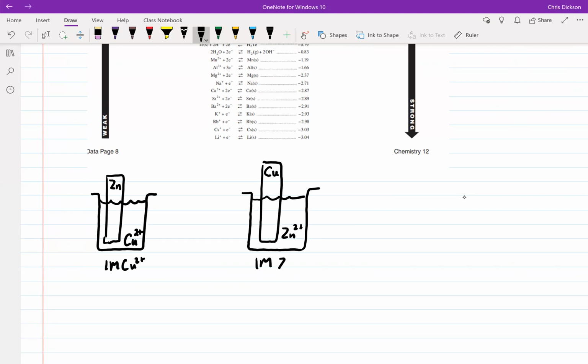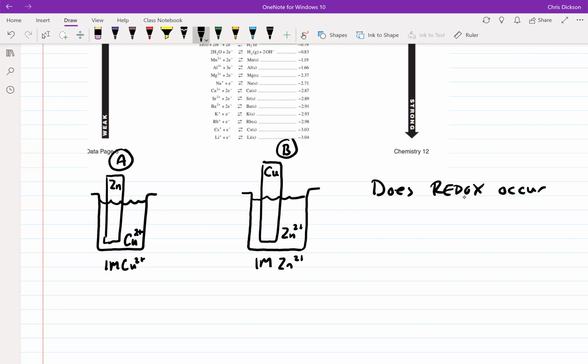So notice that between the two setups, A and B, we really have a metal in a solution, so that's the same. It's just that we've switched the chemicals. We made the metals different, from zinc to copper, and then we just switched the ions, from copper to zinc ions. And the question is, are we going to get a redox reaction to occur? So basically, does redox occur?